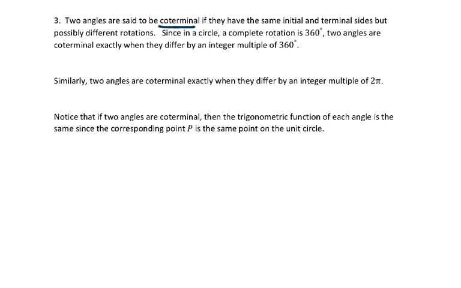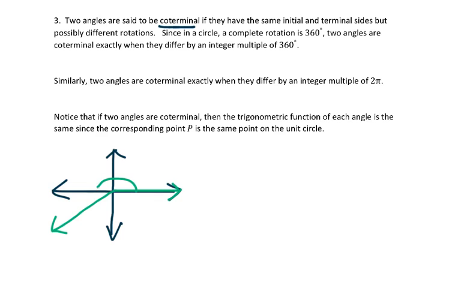And again, as we've seen before, in a circle, a complete rotation is 360 degrees. So if you take any angle in standard position, let me do this one here, just for some variety. Let's say this was angle theta.